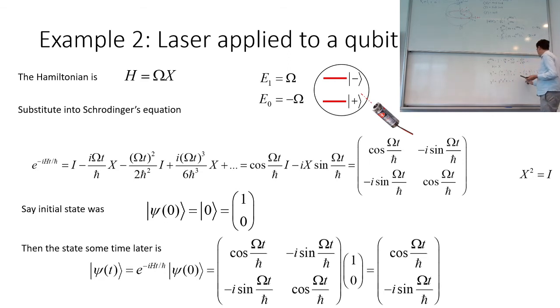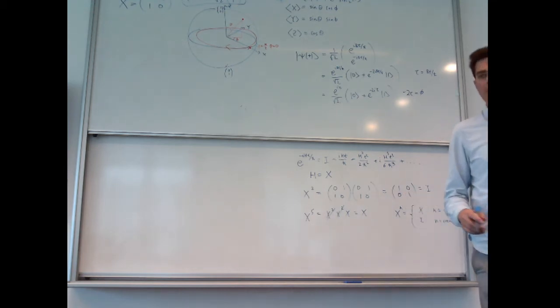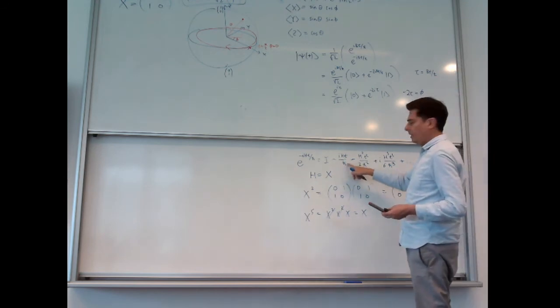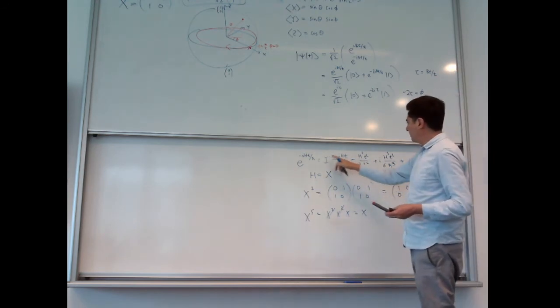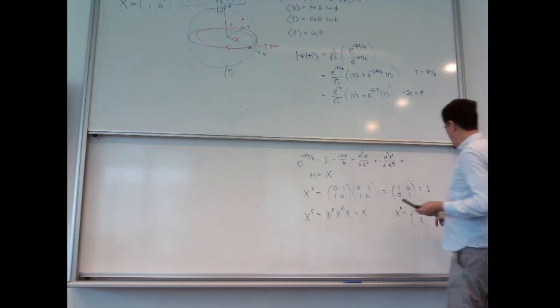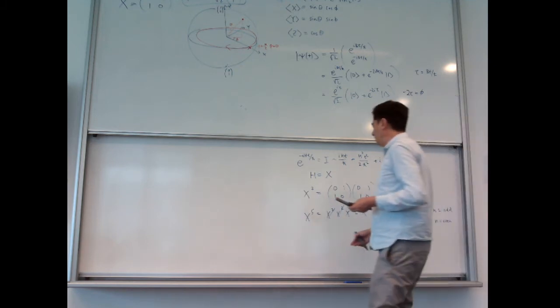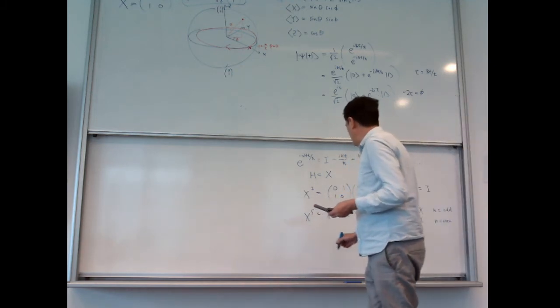So basically x to the power of n is equal to x if n is odd, and I if n is even. That makes our life pretty simple, because when we substitute this x into here, we've got even and odd powers, and for all the even ones, it's just going to be I, and all the odd ones, it's going to be x. So we can use that relation to simplify this.